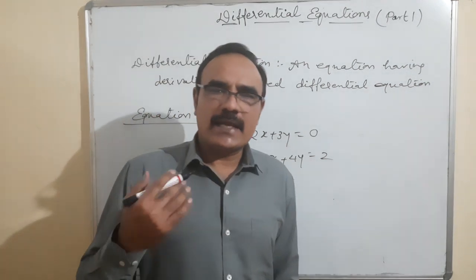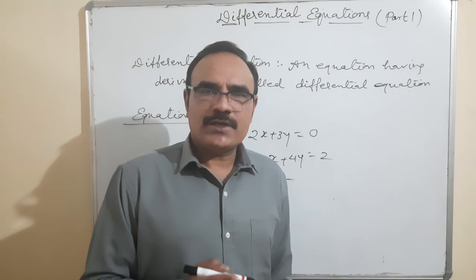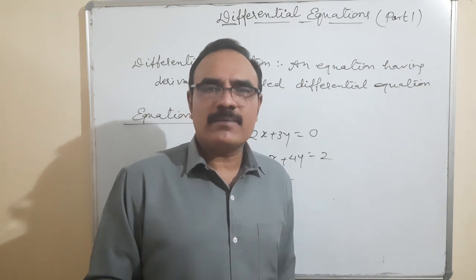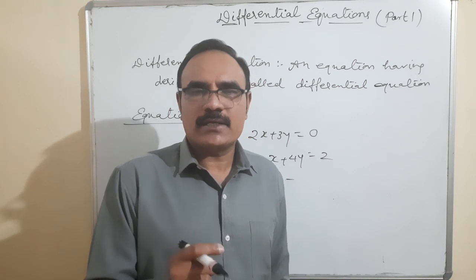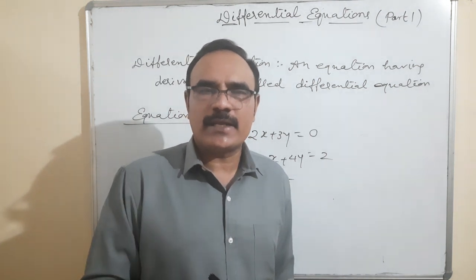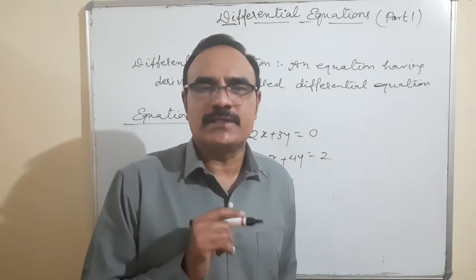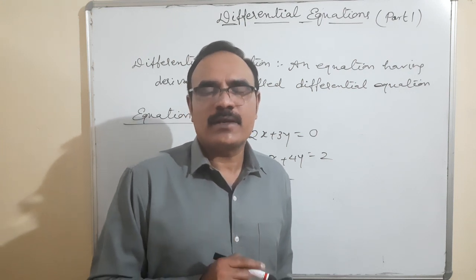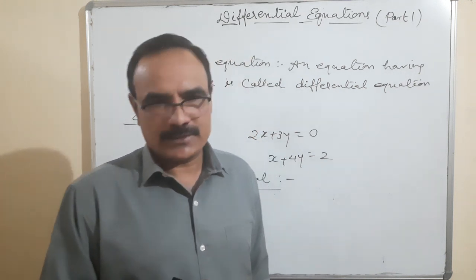A polynomial is an algebraic expression, a combination of variable and non-variable, and one very important thing: the power on the variable should be a non-negative integer. This is very important. It's called a polynomial.